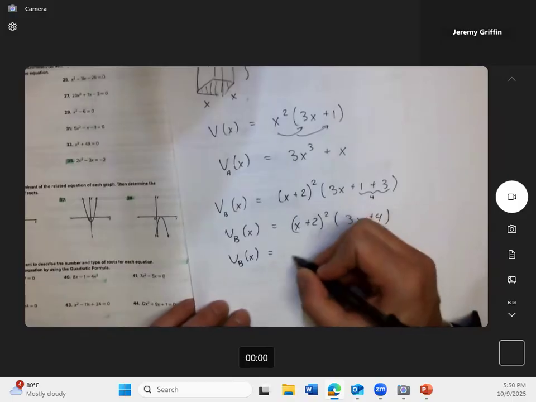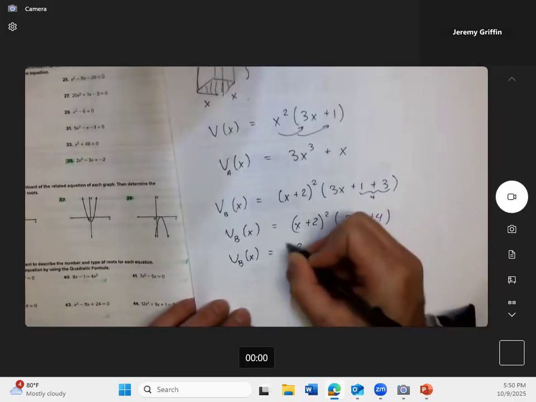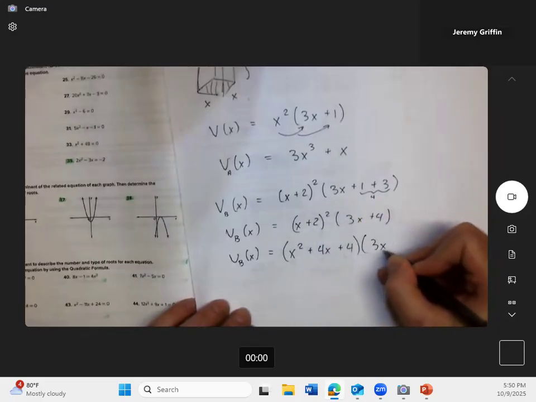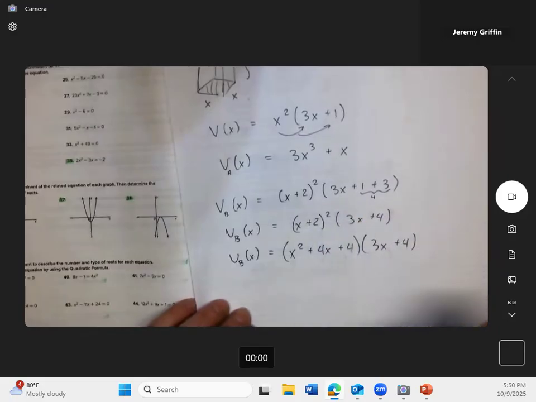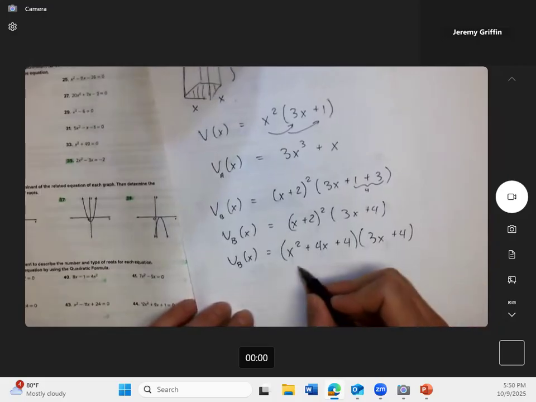So I'll FOIL this: x squared plus 4x plus 4, and I still have this 3x plus 4. And then I've got like a super FOIL thing going on.